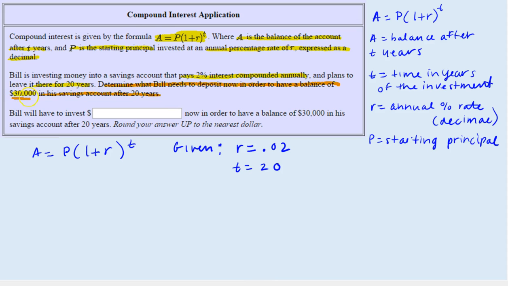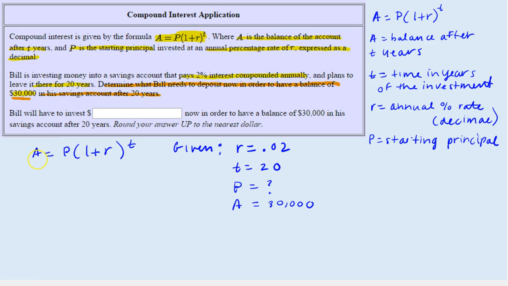And then remember I highlighted this 30,000 here. It says determine what Bill needs to deposit now. So that was the starting principal. That's what we're trying to find in order to have a balance, or a future balance, of $30,000. That's going to be our A, balance after T years, in his savings account after 20 years.